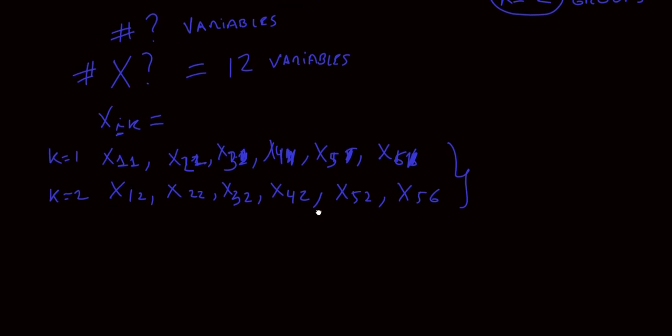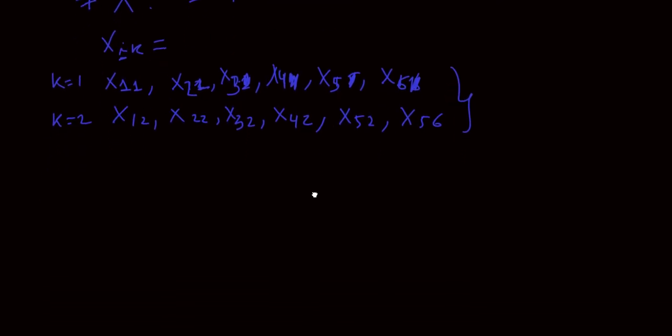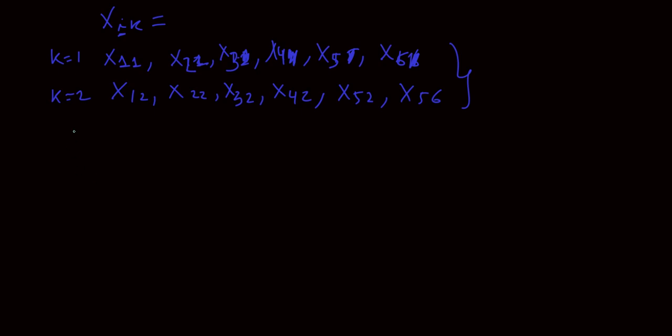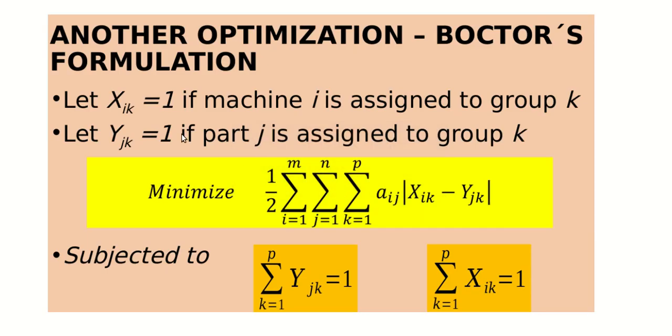What about y? How many y variables do I have? What is the number of y variables? Remember, y_jk, j goes from 1 to 8 and k goes from 1 to 2.